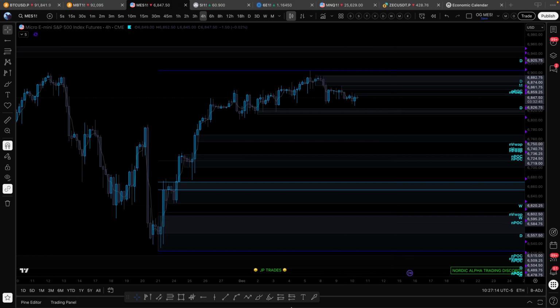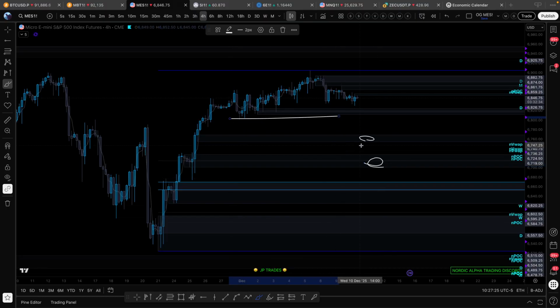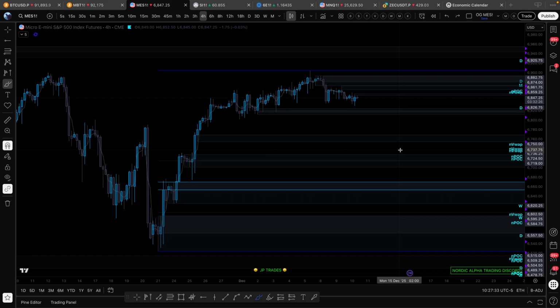However, I have my eye set on this one and this one the most. If we break down below these lows, I would have my eye on this level right here the most for the shorts. So those are my 3 favorite zones.